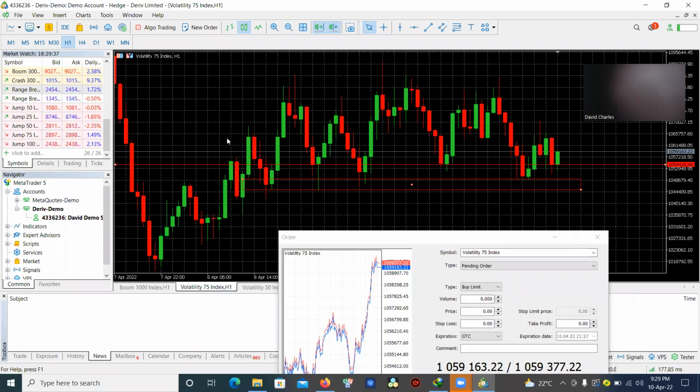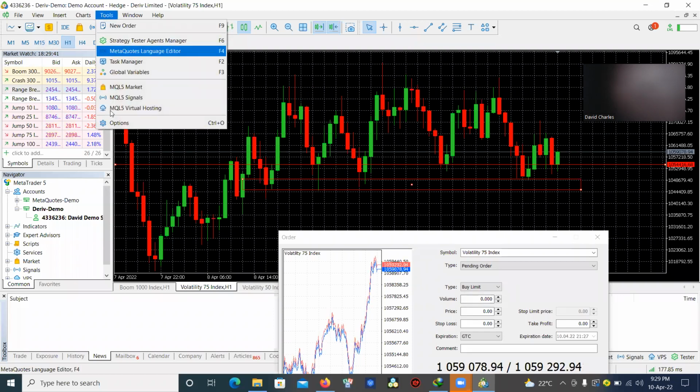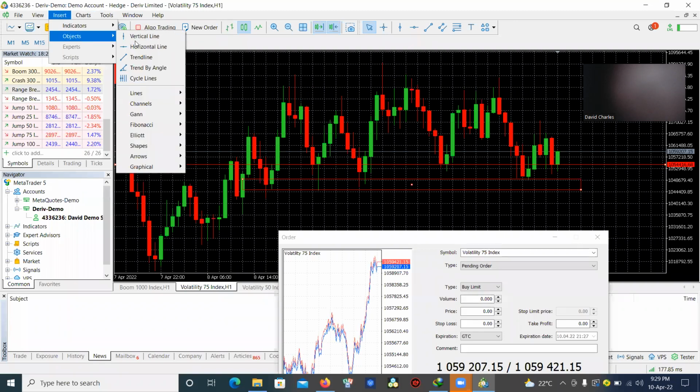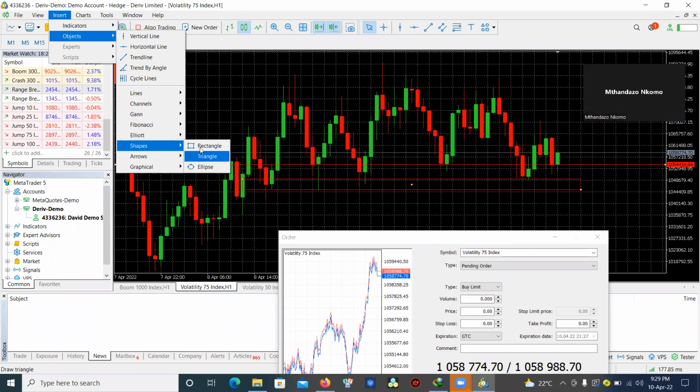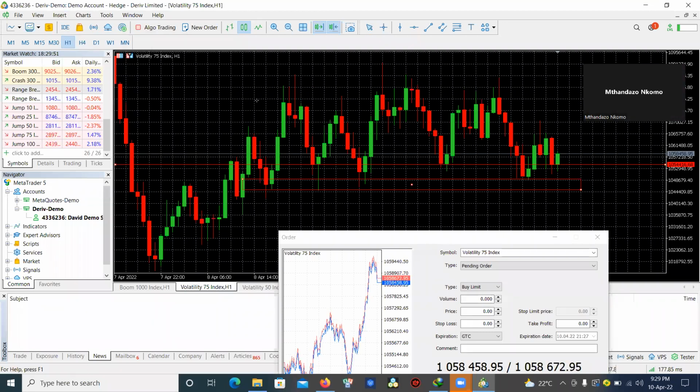When you have such a zone, and you have a rectangle, and you have this zone here.